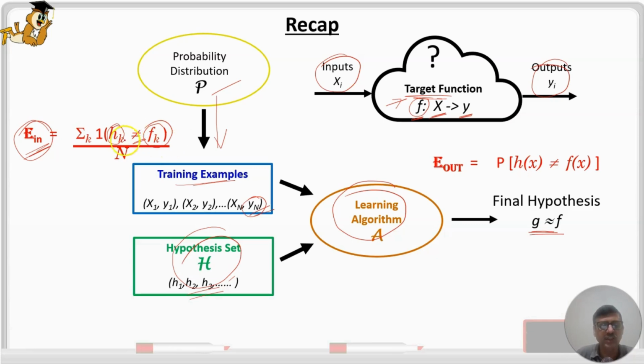Essentially, this is the number of mistakes that the selected hypothesis makes on the training data. That's the in-sample error for that hypothesis.